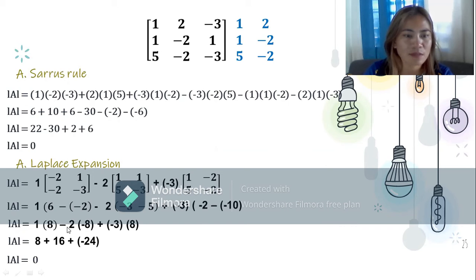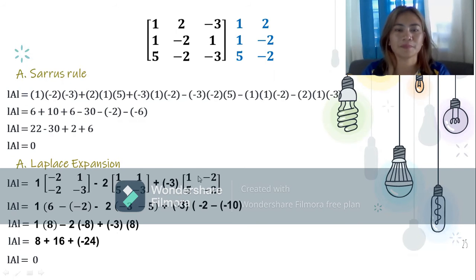So minus 2 times negative 8 is plus 16. Plus negative 3, this one: negative 2 minus negative 10, the answer is 8. So negative 3 times 8, the answer is negative 24. 8 plus 16, 24. Plus negative 24, the answer is 0. We have the same answer.